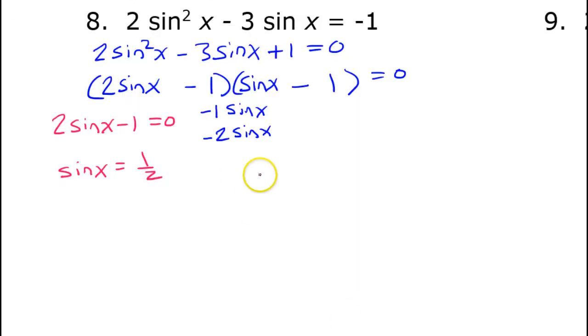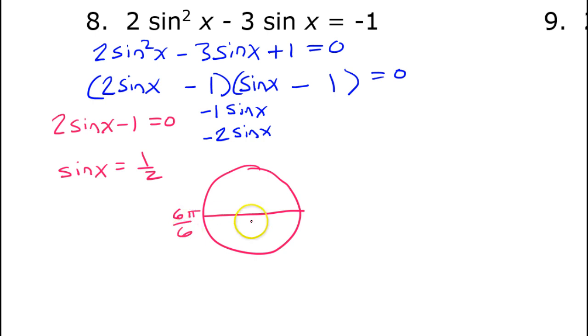So in my mind, I'm picturing this. The reference angle is pi over 6. So on the left side, that would be the same thing as 6 pi over 6. And on the right side, 2 pi is the same thing as 12 pi over 6.